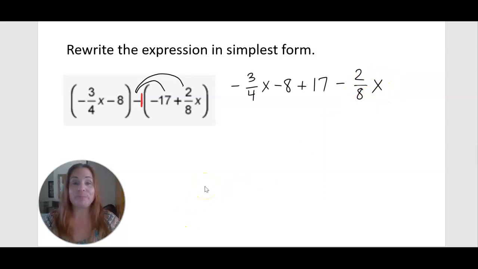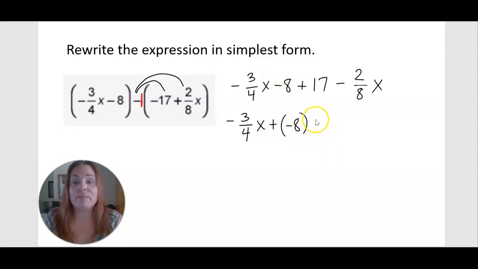Okay, so now, just like in the other problems, I'm going to rewrite this so that it is all addition. So I've got negative 3/4 x. My minus 8 becomes plus a negative 8. Then 17. And then plus a negative 2/8 x.